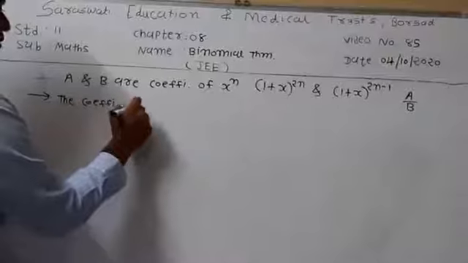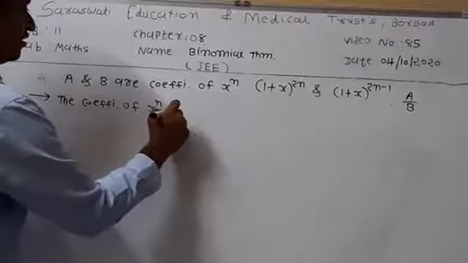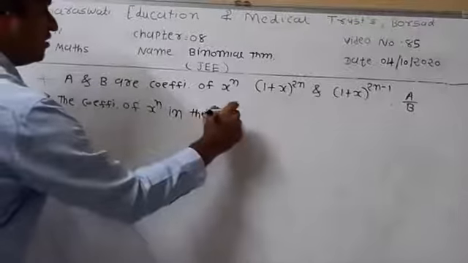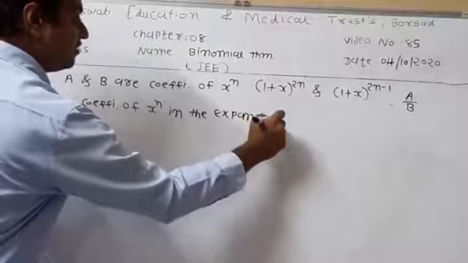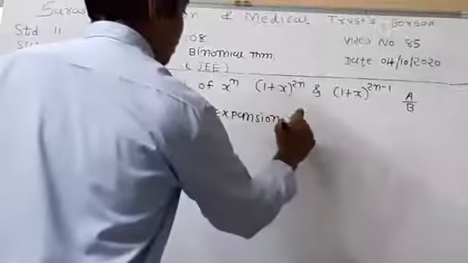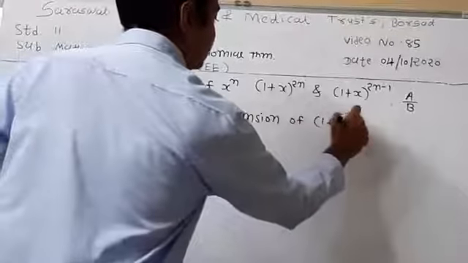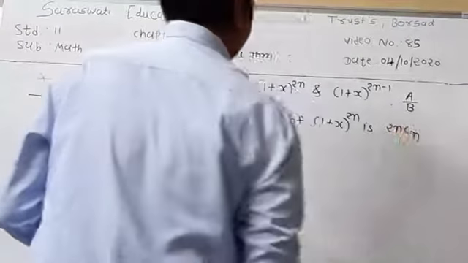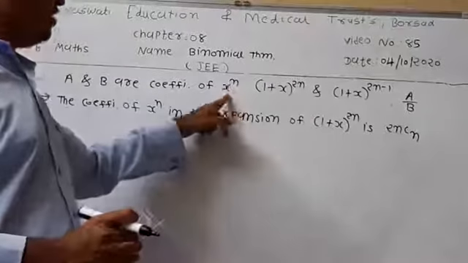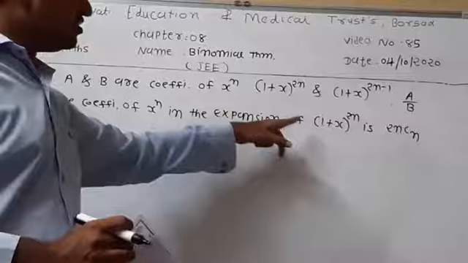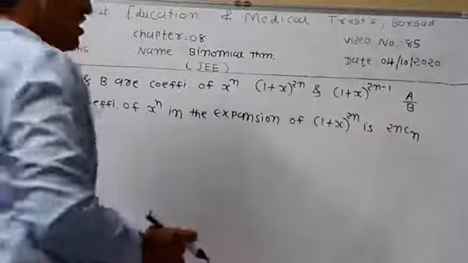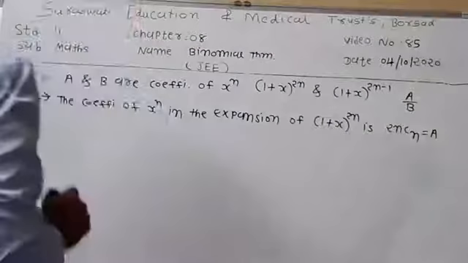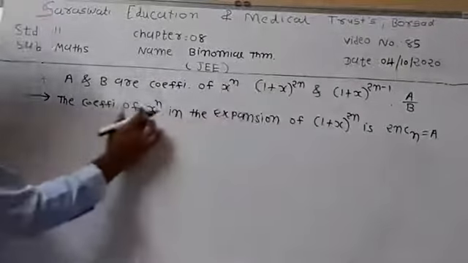So first of all, here we can write the coefficient of x raised to n in the expansion of (1 plus x) raised to 2n is 2n Cn, because here the power is 2n and our coefficient is of x raised to n.